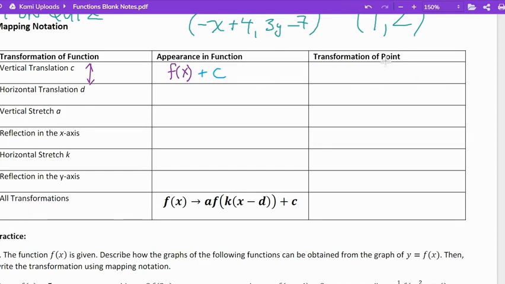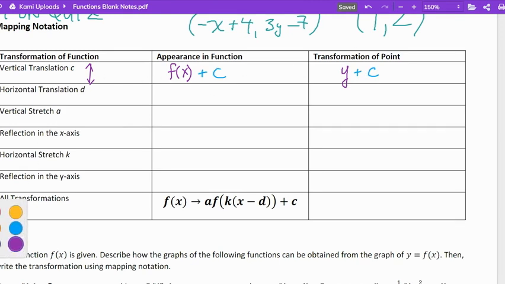And when we transform the point, if I just want to make a formula, I take y plus c. And remember how I said that each transformation just affects one coordinate? Well, this one affects the y.